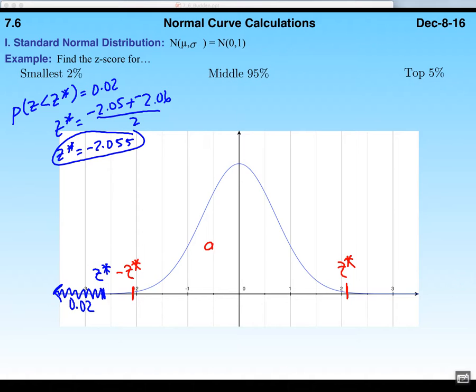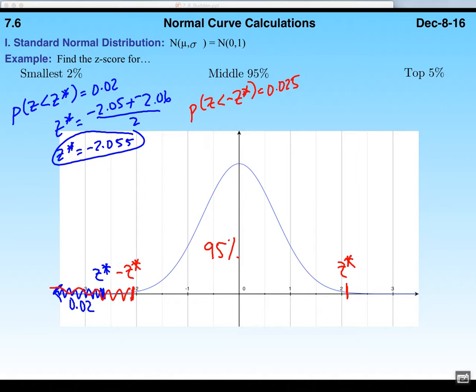All of this right here is 95%. Because of the symmetry of the curve, they're going to be the same value, one negative, one positive. What are we going to look for on the table? 0.025. The probability that z is less than our negative z star is 2.5%, so 0.025.